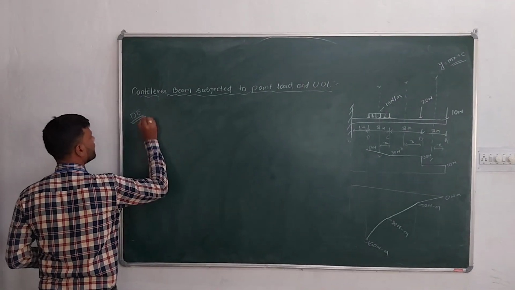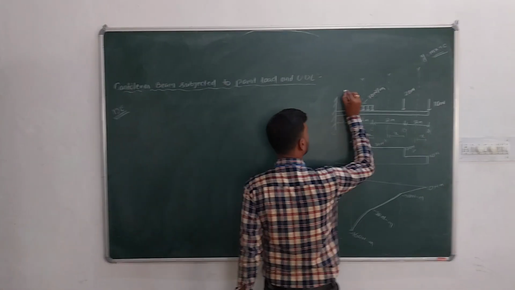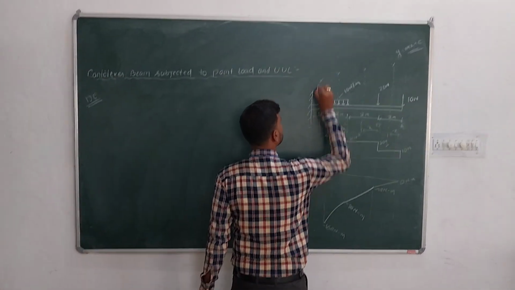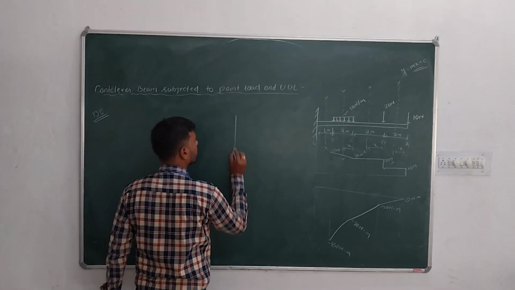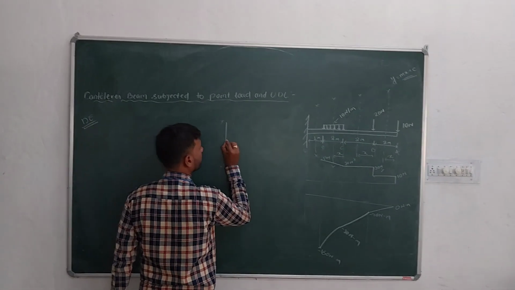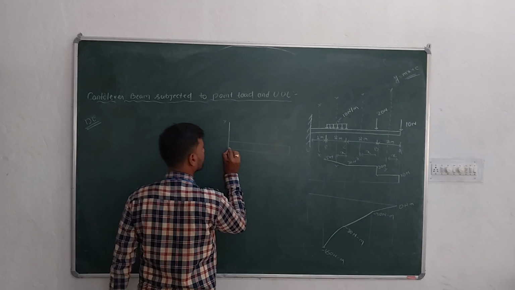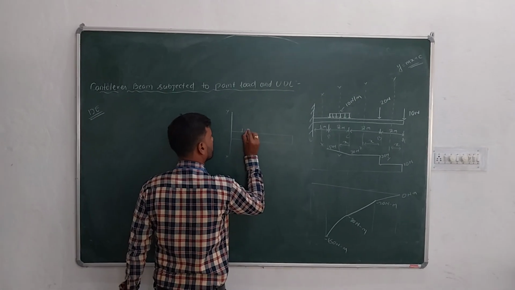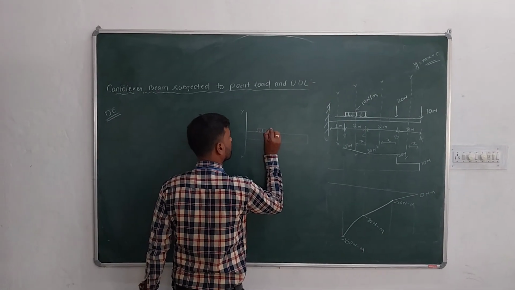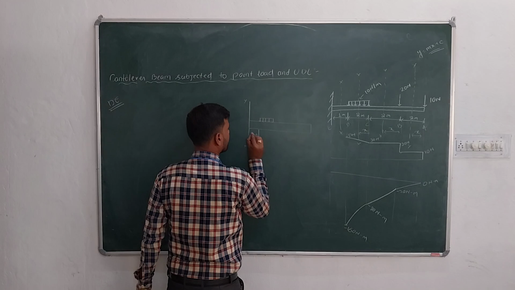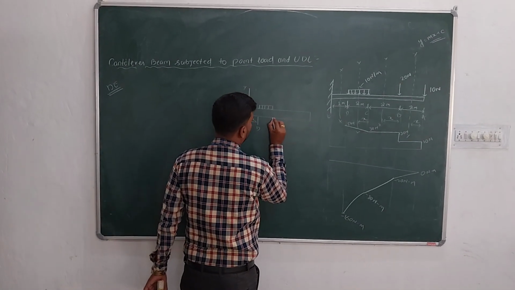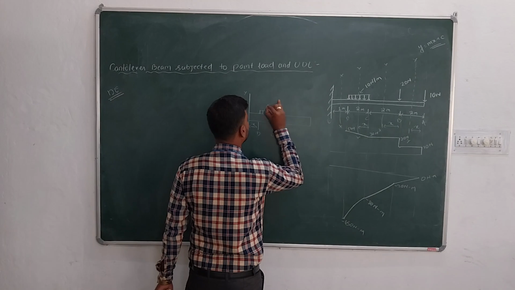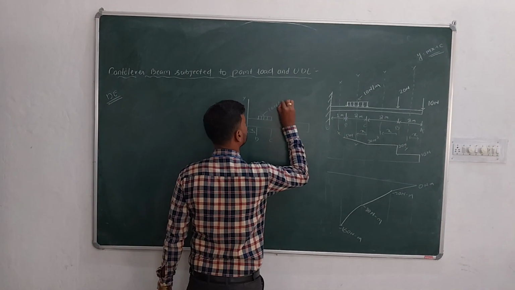So for D, take a cross section XX in between D and E, and now draw the XX. This is X, B, this is C, 10 Newton per meter.